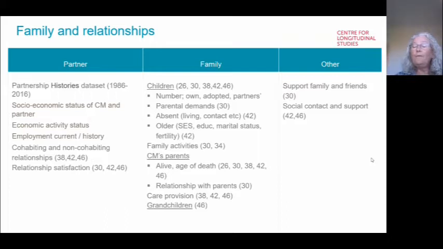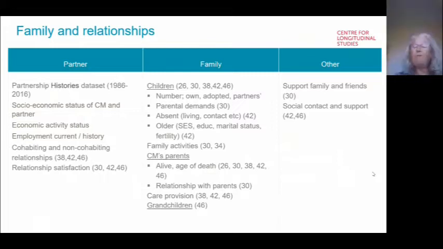Throughout the adult life course, there's data on the cohort members' children, the number of children they may have had, whether they're biological, adopted, the parental demands that they faced, and family activities, as well as data in midlife on the cohort members' own children's socioeconomic status, education, marital status, and fertility.